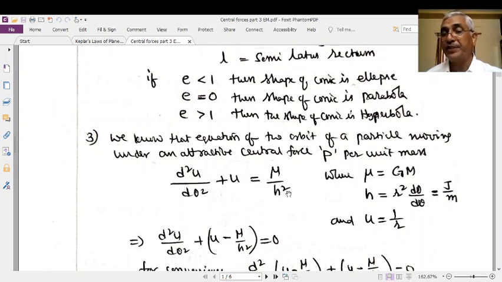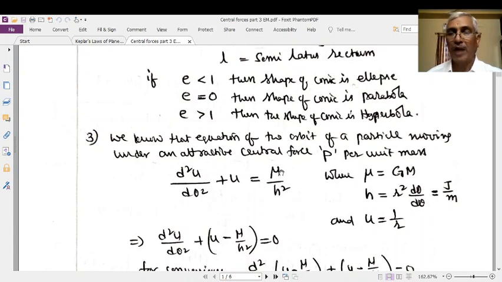P is force per unit mass, and u is equal to 1 by r. That was changed here likewise. Don't bother about that one. Here what is there? P by h square u square.